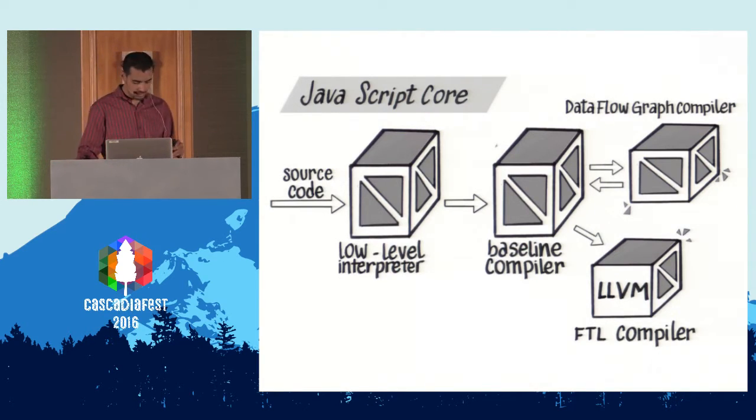That means the engine would gather type information and the bytecode, and transform that into a lower-level representation to feed into LLVM, and that would output machine code. They have recently changed to a new backend for the FTL, called B3, in order to keep all the optimizations they wanted, but to reduce compilation time.